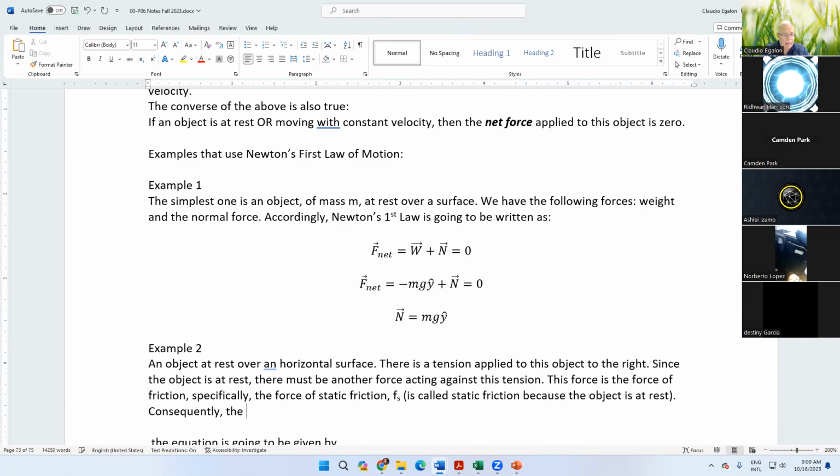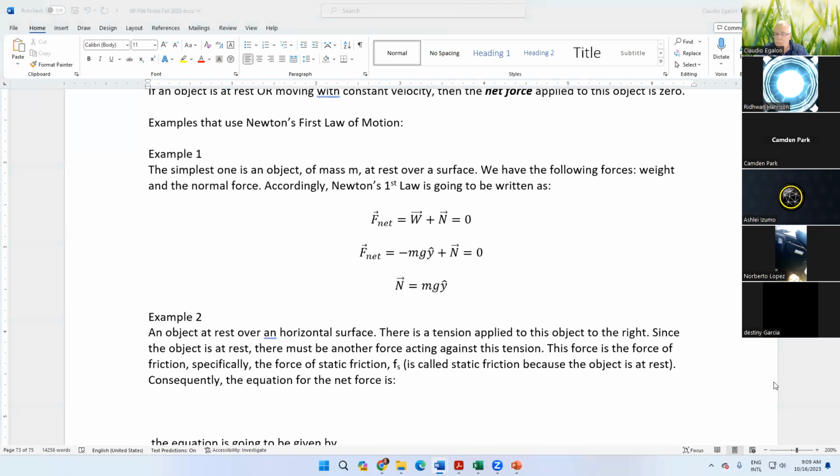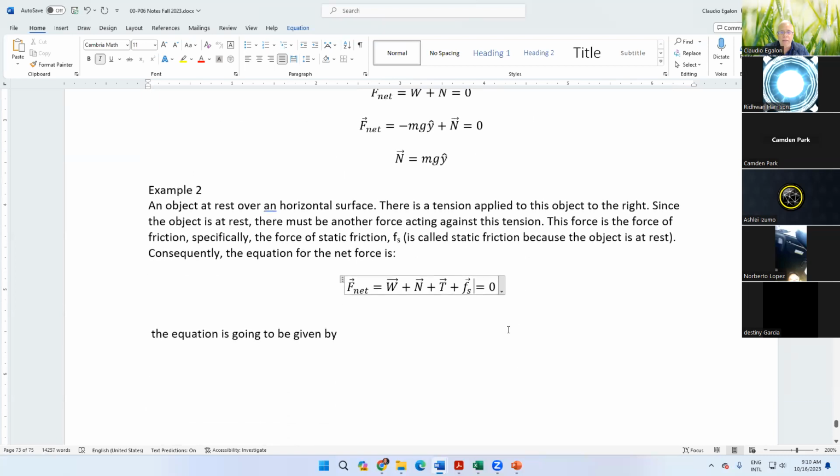Consequently, the equation for the net force is, okay, so here you go. I'm going to use the same relation. W plus normal, plus the tension, I'm going to call it T, and then the force of static friction. Okay, that's going to be like that. The object is at rest, so the right side of the equation must be 0.